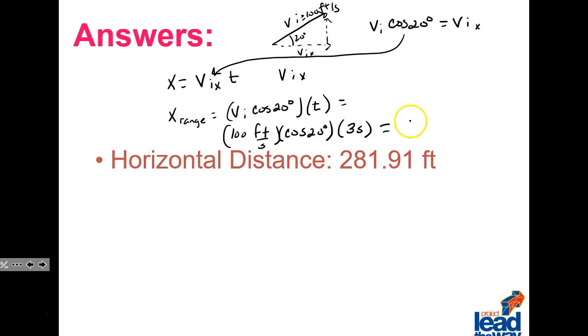And that comes to a total of 281.9, so let's just say 282 feet, with seconds canceling, leaving feet. Cosine 20 has no units. It's 282 feet.